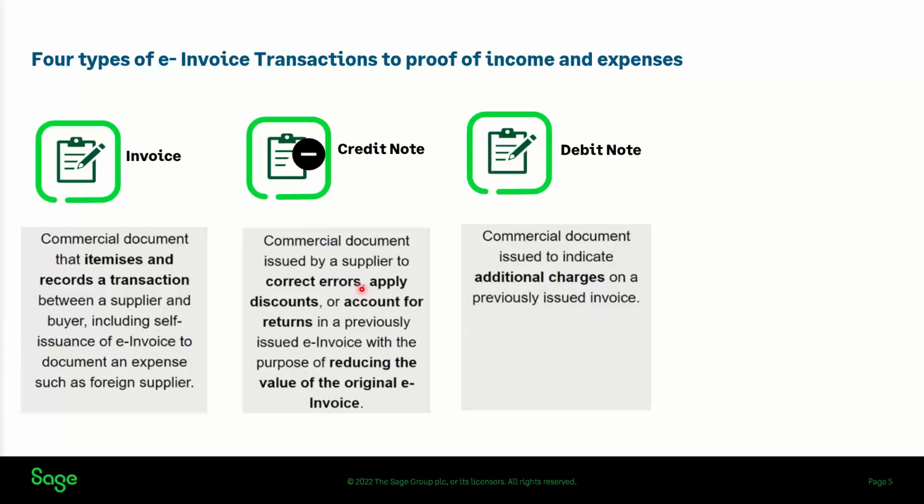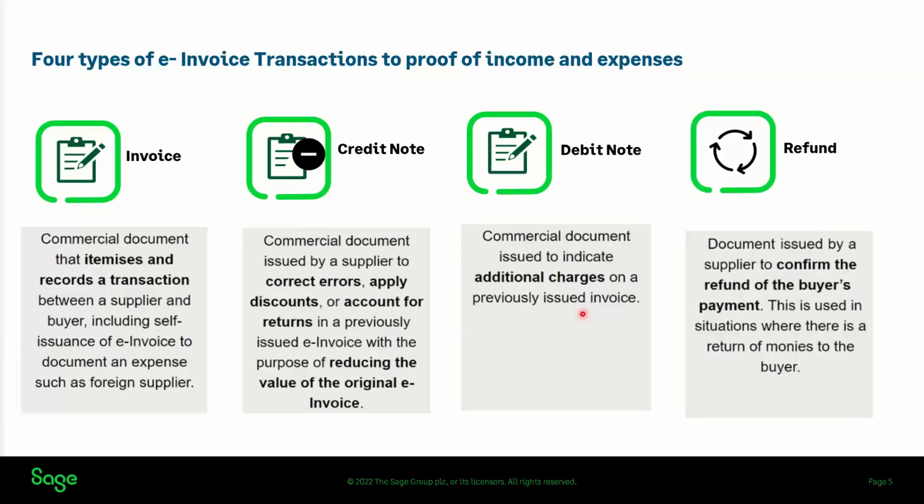It's a similar case: if you need to make some changes to a previous invoice that you have sent to LHDN, or if there are additional charges from the previous e-invoice, then you need to issue a debit note. Similarly, if you have a refund transaction, you will also need to report this transaction to LHDN to prove your company expenses and income.